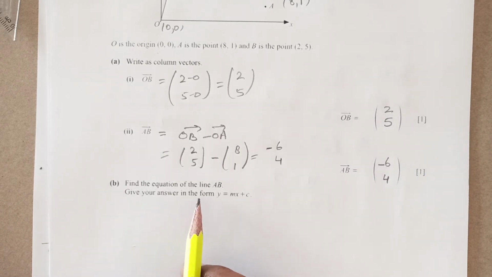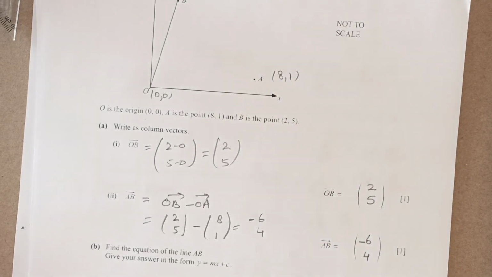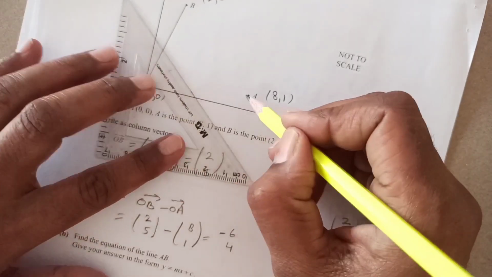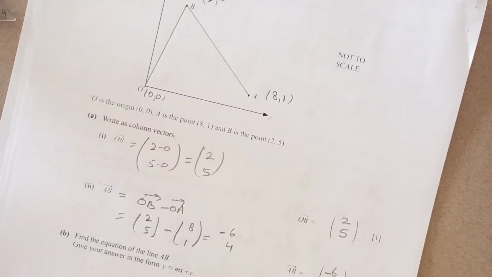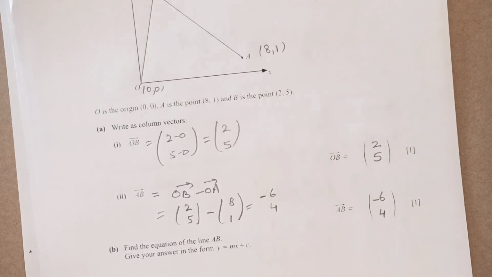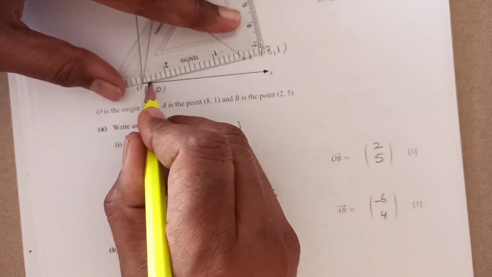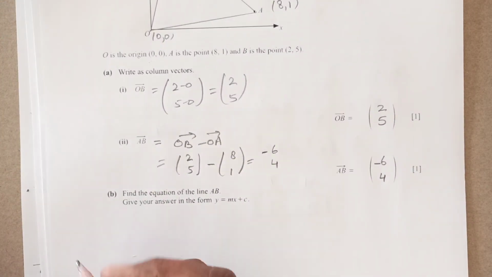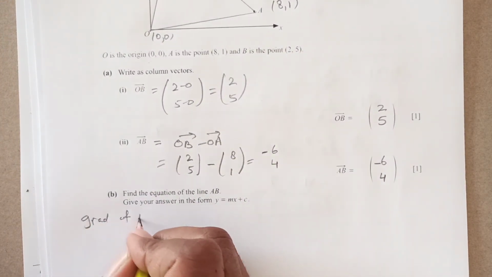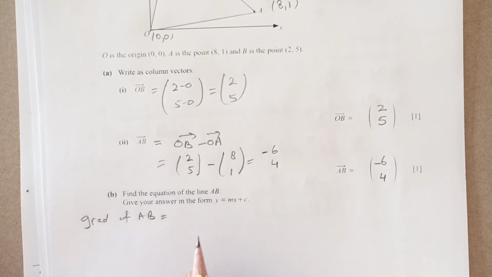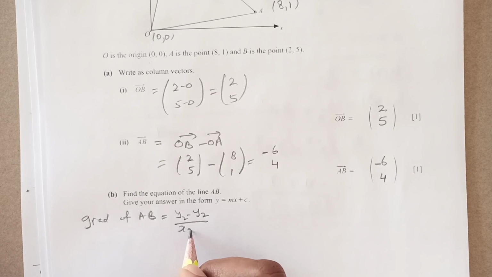Now find the equation of line AB. Give your answer in the form of y equals mx plus c. So if we join AB here, we are looking for the equation of the line. To find the equation of the line, we need to have the gradient. So first of all I will find the gradient of AB: y2 minus y1 over x2 minus x1, right?